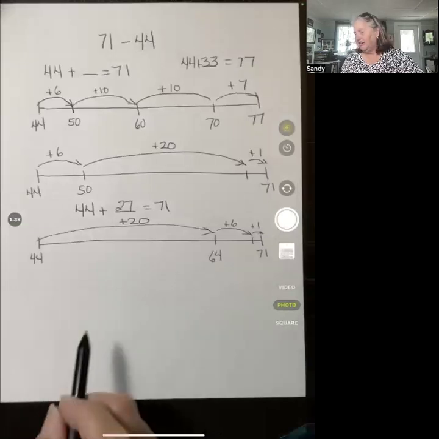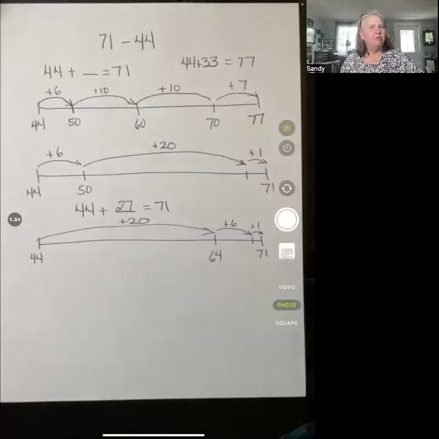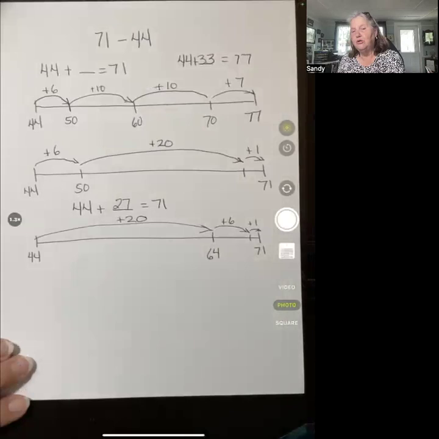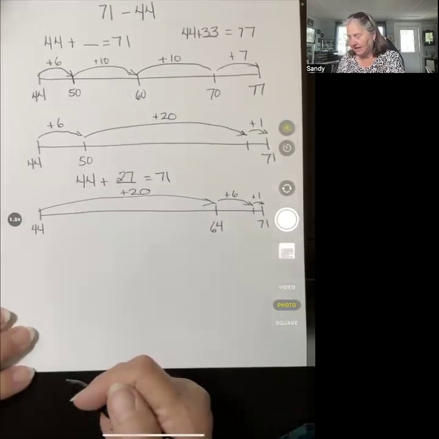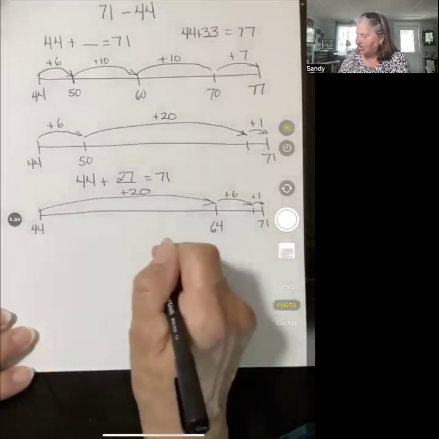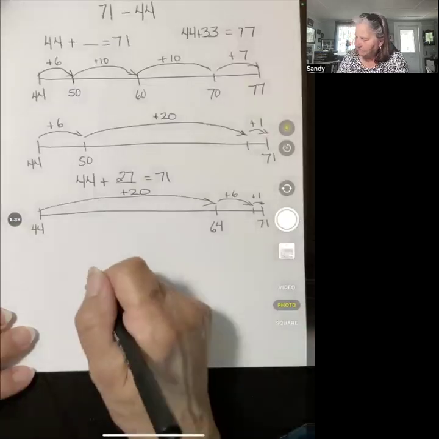We're also building a foundation for what they can use when they get to negative integer subtraction. So it's important to understand both a distance model, and I could also have done a removal model, a different way of thinking about this. Let me show you what I mean by that.